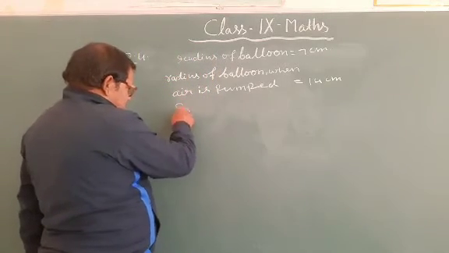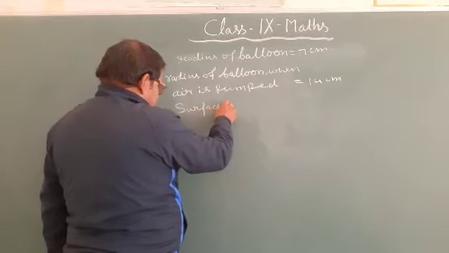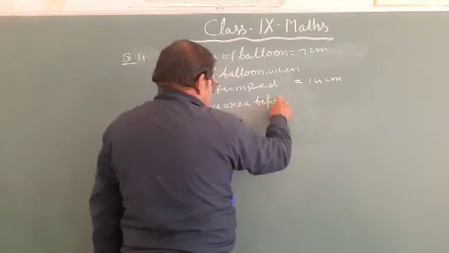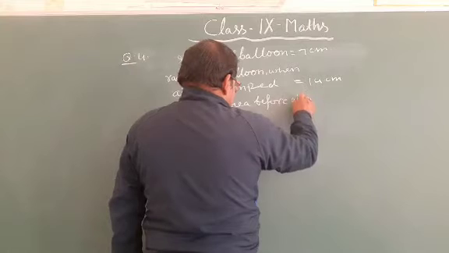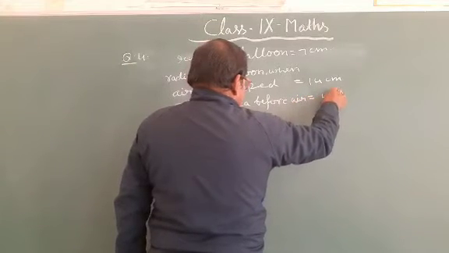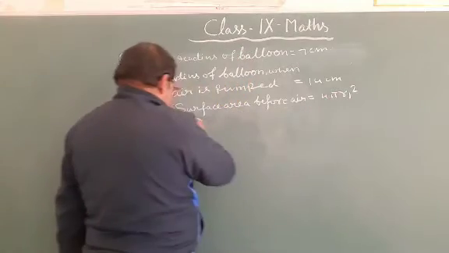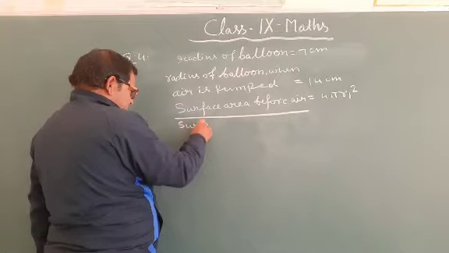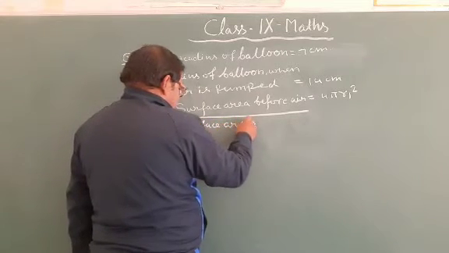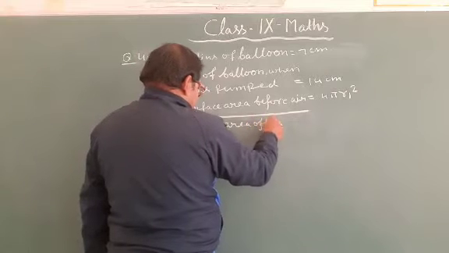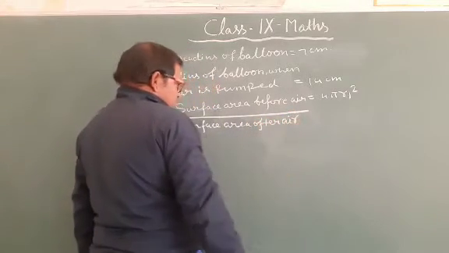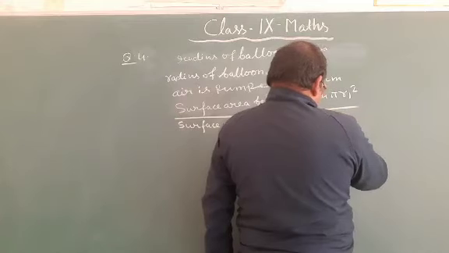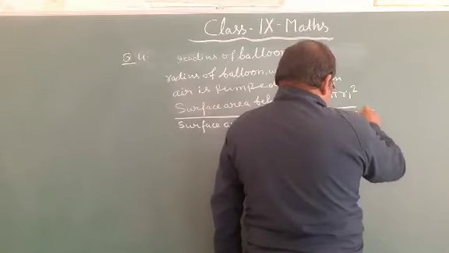So the surface area before air, 4 pi r1 square, upon surface area after air equal to 4 pi r2 square.